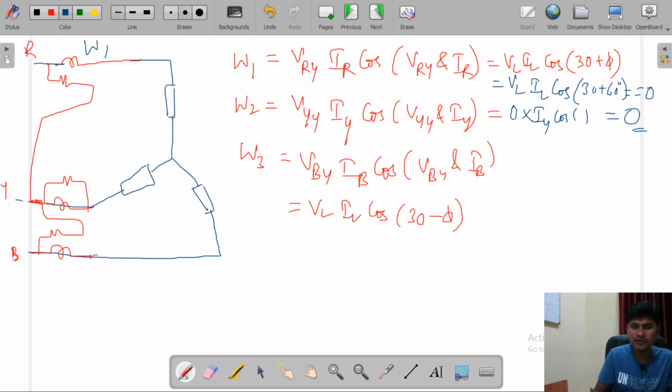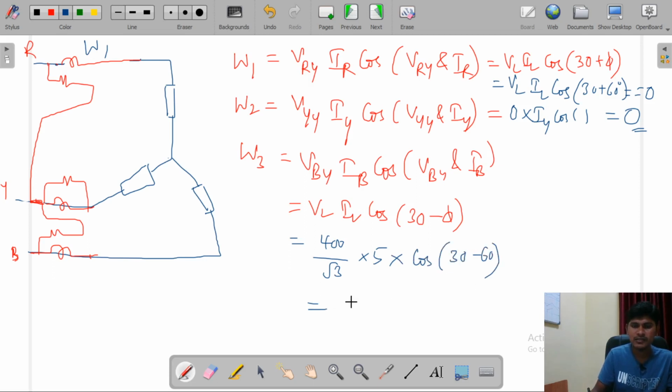Coming to W3, what is VL? 400 by root 3. What is IL? 5, into cos of 30 minus 60.